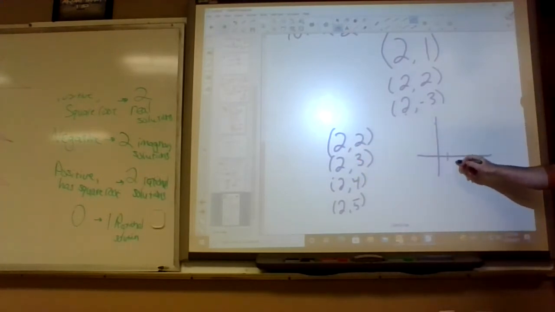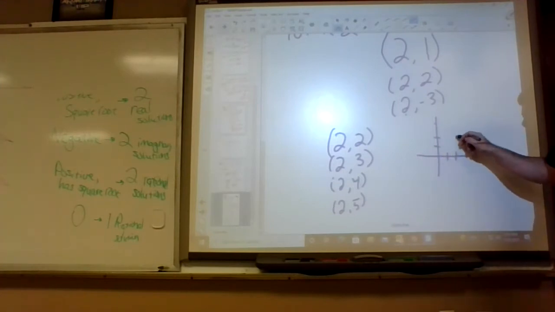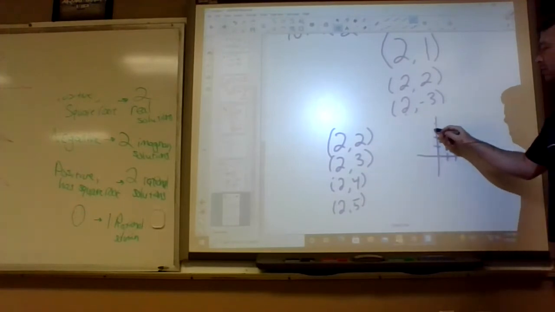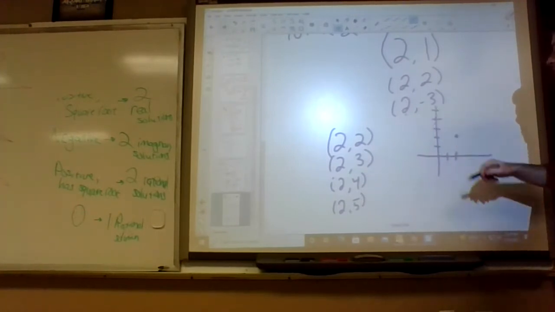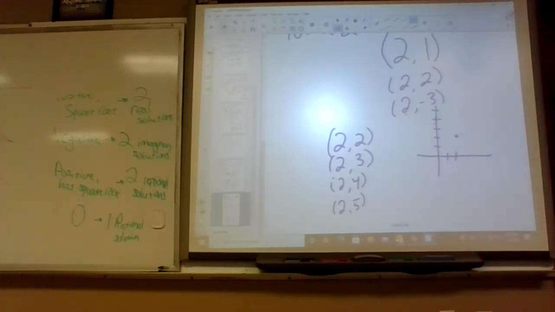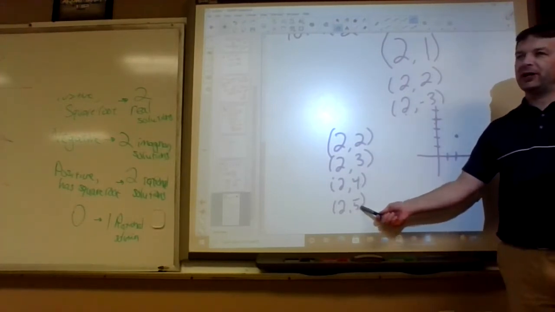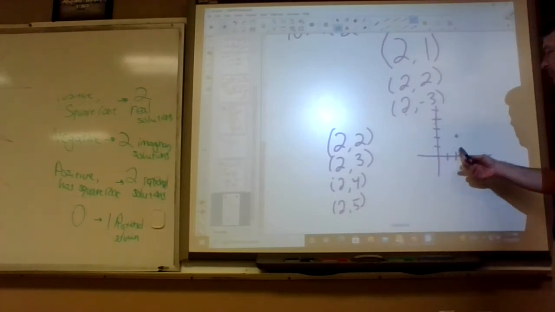So where is 2, 2 at on the graph? Right 2, up 2. The highest point is 2, 5, so over 2, up 5.